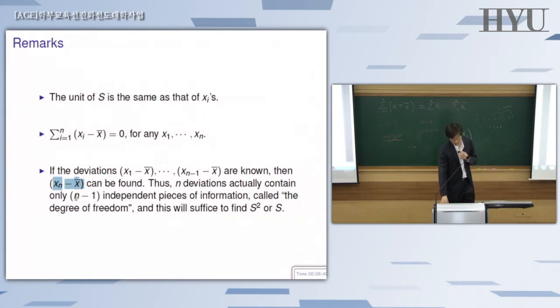For that reason, the number n-1 is called the degree of freedom. It lets us know how much freedom, or what degree of freedom, we can enjoy. That's as much as this number n-1, because as long as we know or see the values of the first n-1 sample points, that's good enough. It basically tells us everything about the sample distribution.